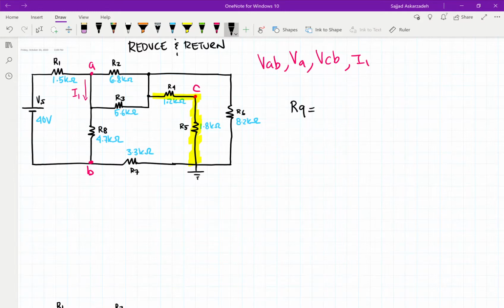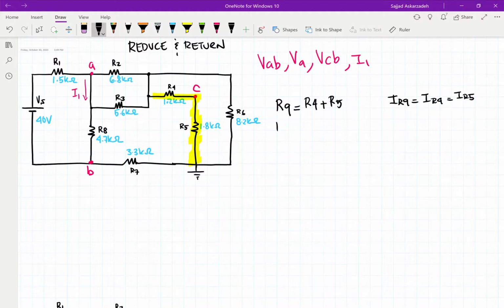R9 is equal to R4 plus R5, and I'm going to move it a little bit this way, and that's going to be our R9. And we know that in a series circuit the current is the same, so IR9, IR4, as well as IR5.